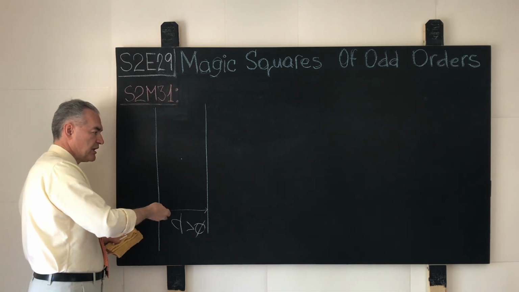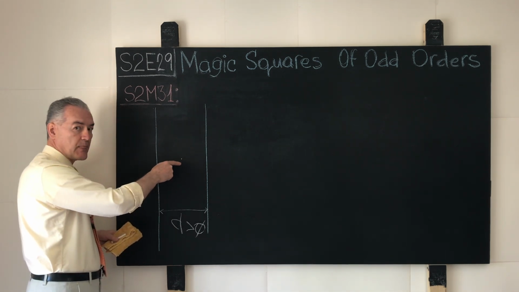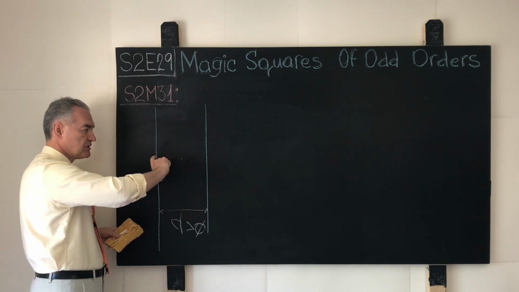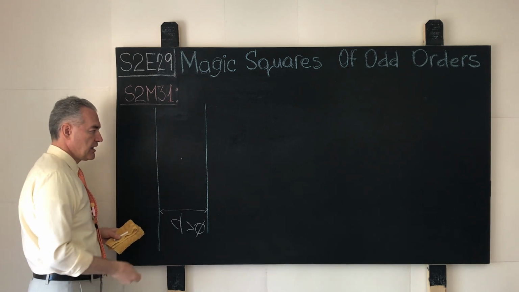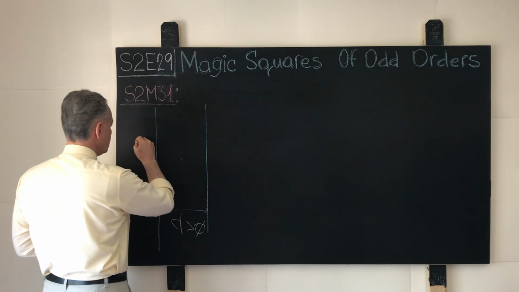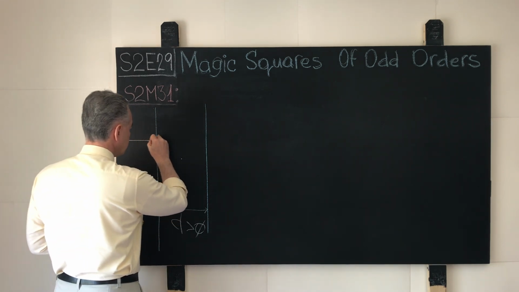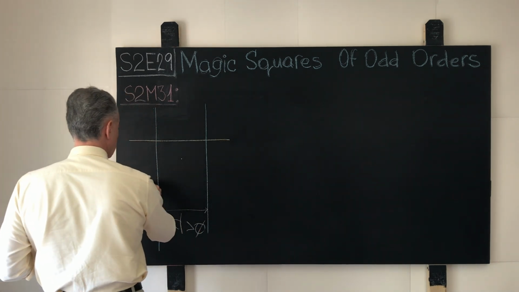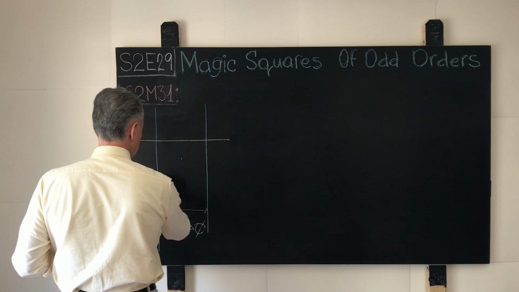We rotate the plane around that point by pi over 2 radians or 90 degrees, counterclockwise or clockwise, and we obtain what? We obtain two new straight lines which will be positioned, let's see, this way and that way.